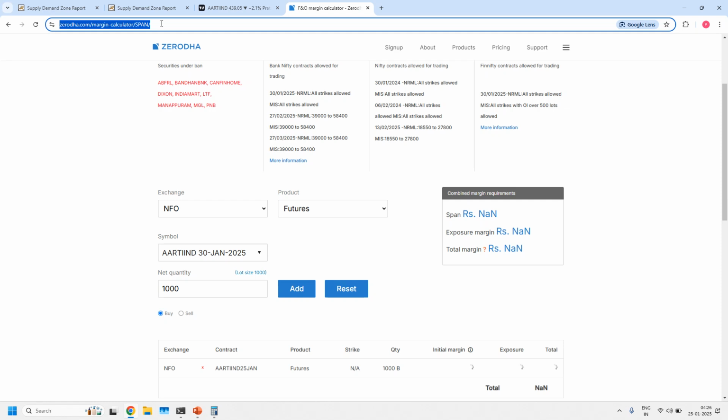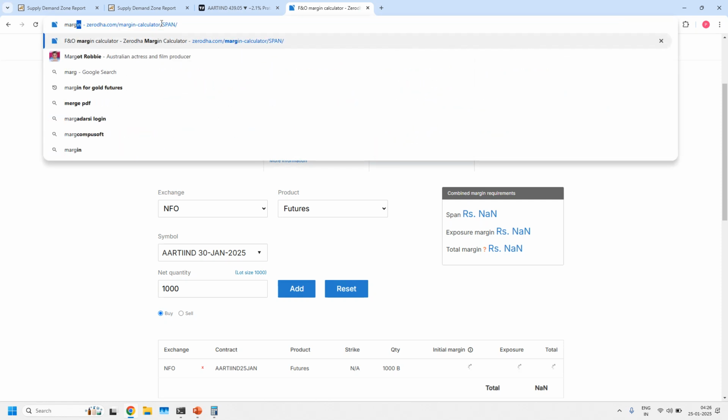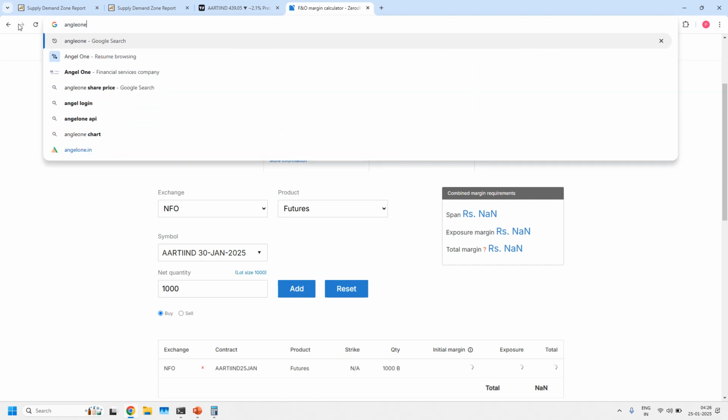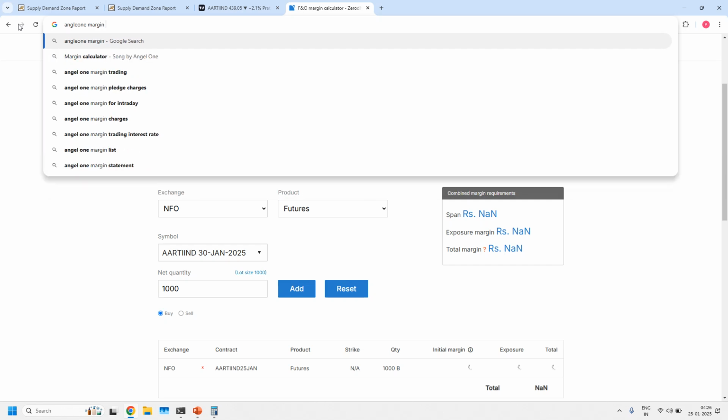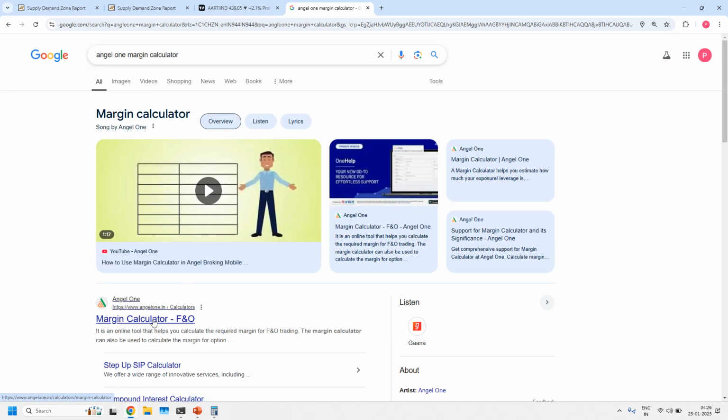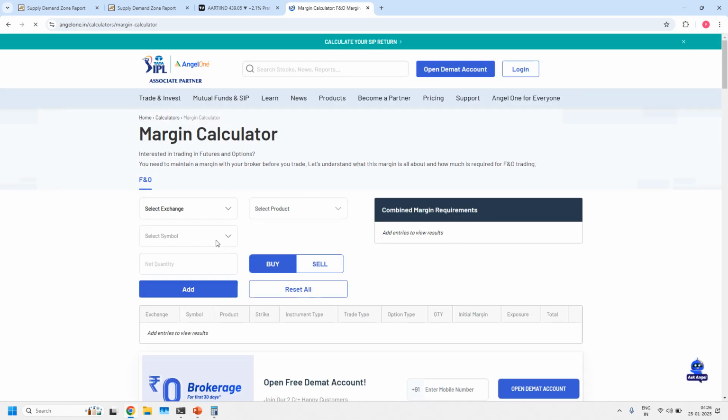Let me look for the margin calculator, Angel One. Angel Broking, yeah, their margin calculator I am selecting. So stock exchange NFO, Nifty, futures and options. I'm selecting futures, and the symbol is RT Industries, January futures.